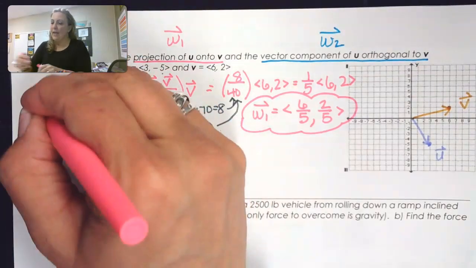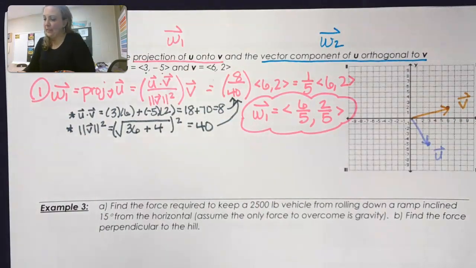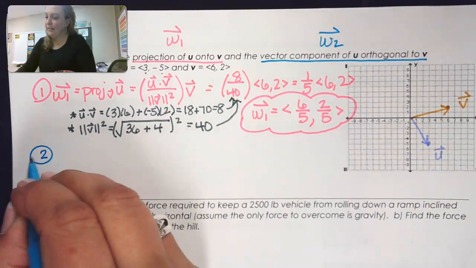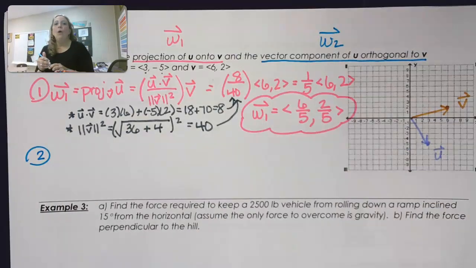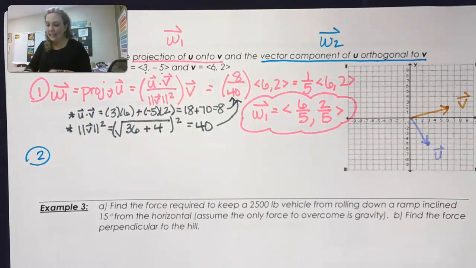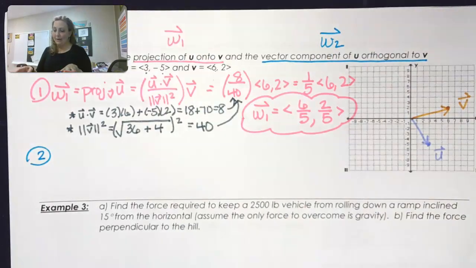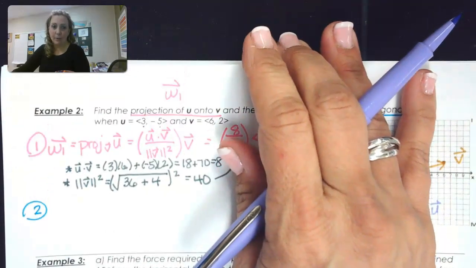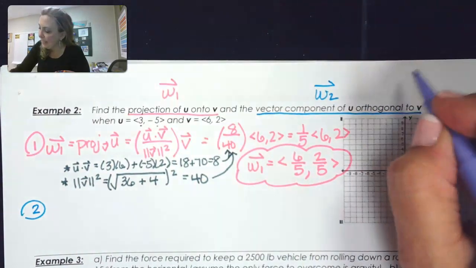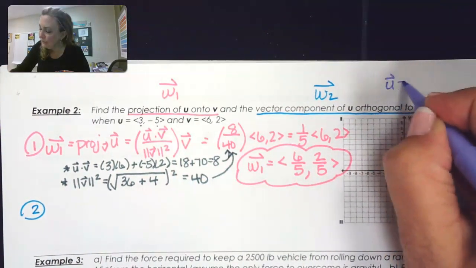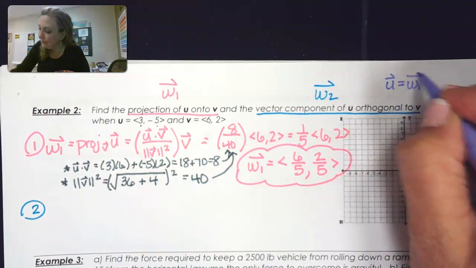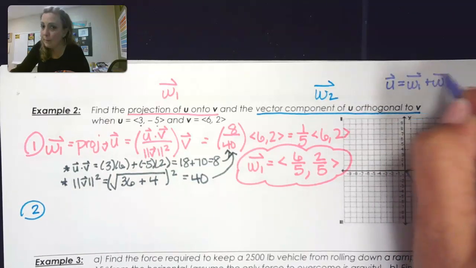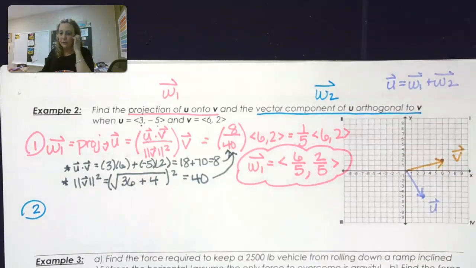Okay. Well, the second thing it then asked us was to find our W2. Well, remember that what we were trying to do was break U down into two different vectors, these orthogonal components. We were saying that vector U is going to be made up of two orthogonal components, W1 and W2.